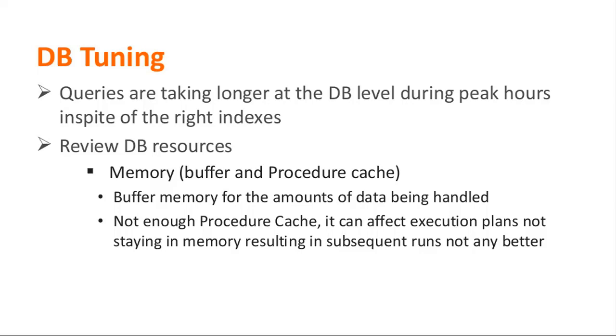When you run a query at the database level, the first time you run a query, it can take longer because it has to do extra work, like it has to generate execution plans for the query. So when you run the query the second time, third time, etc., those execution plans, if there is enough procedure cache, can stay in memory for some time, and subsequent runs are usually faster.